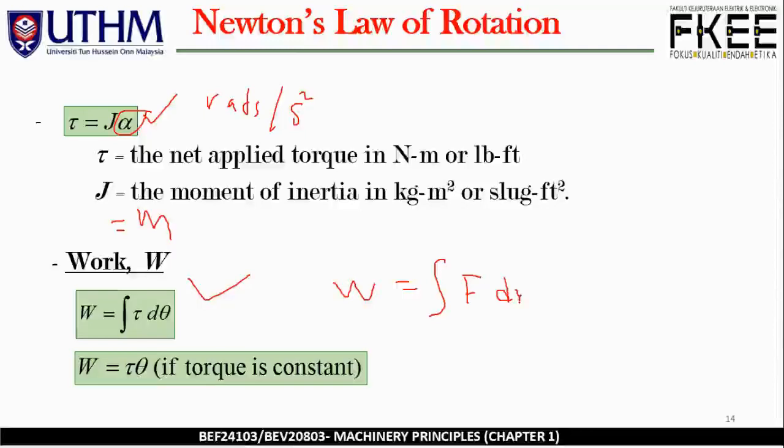This is the force applied to the object, collinear with the direction of motion, and the unit is of course joule. Don't get confused: I mentioned this only for linear motion.